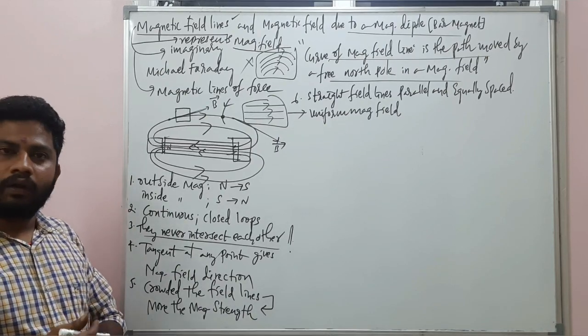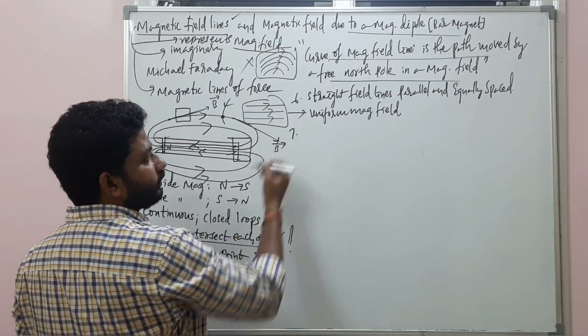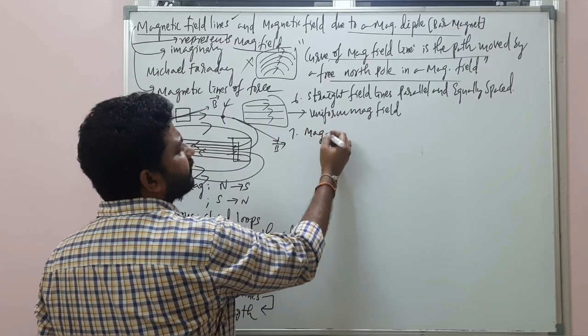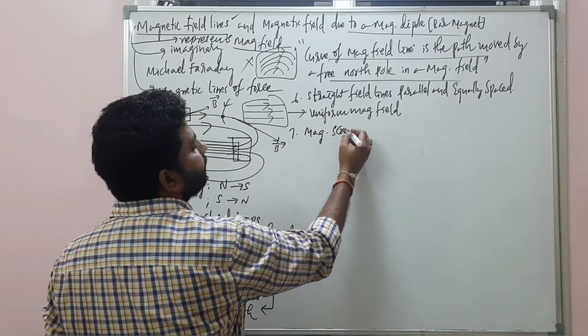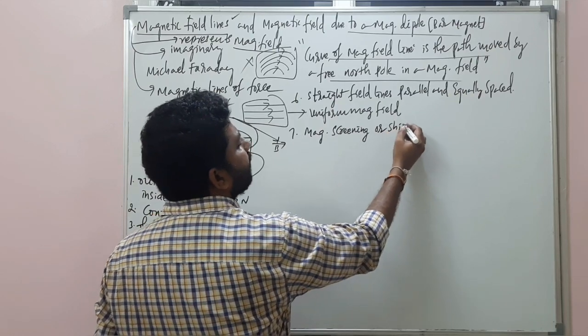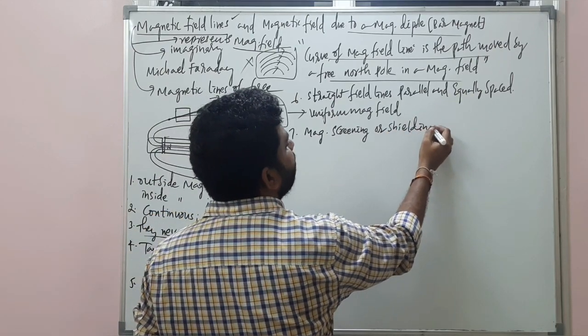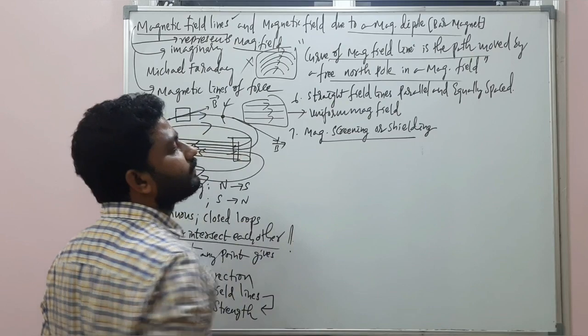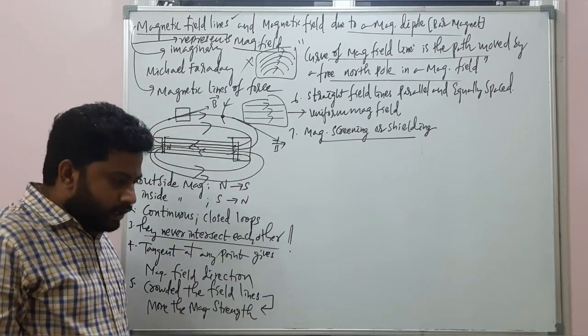Okay. Now, the seventh point is about magnetic screening or magnetic shielding. So what is this? It's so simple.